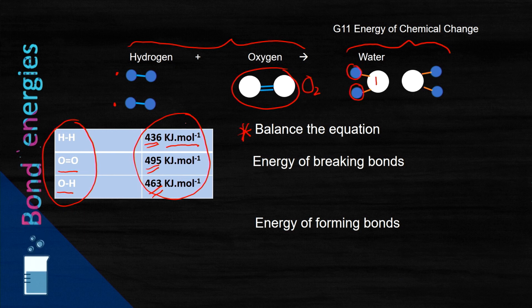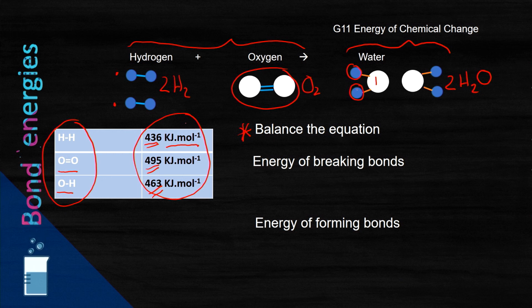And so to balance that equation, we need to have two hydrogen diatomic molecules reacting with one oxygen, and it results in two water molecules. And so it is all balanced.